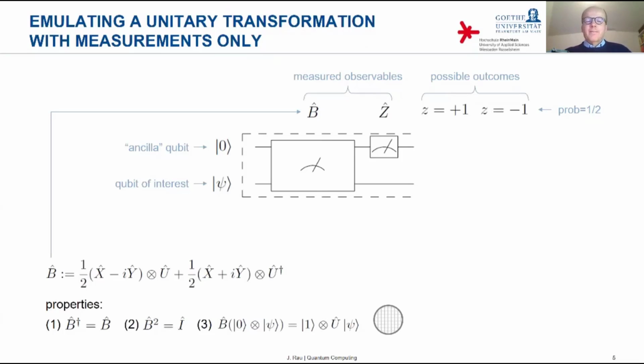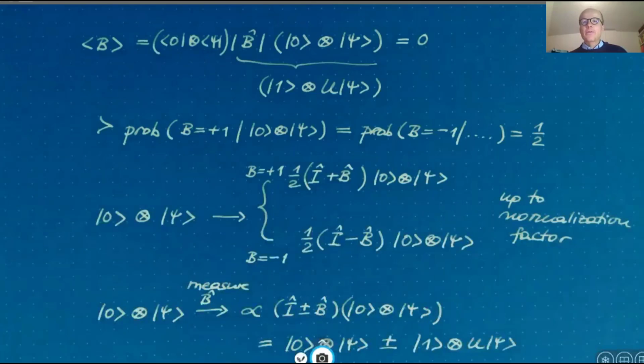And since the state just prior to this second measurement was this one here in the last row, you see, regardless of the outcome of the first measurement, the two differ only by the sign here, plus or minus.